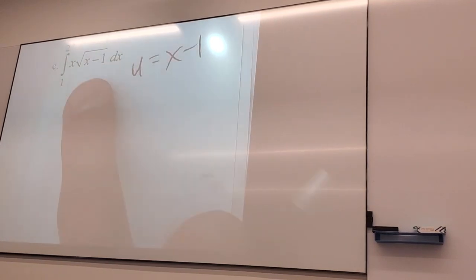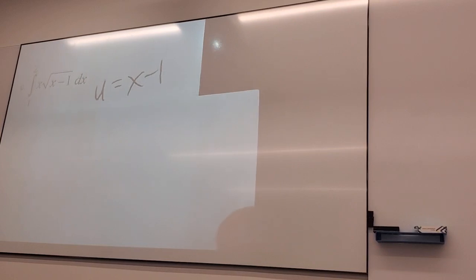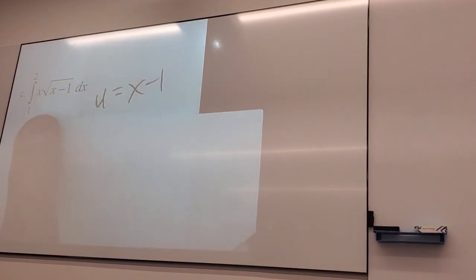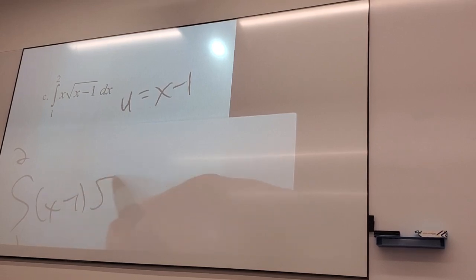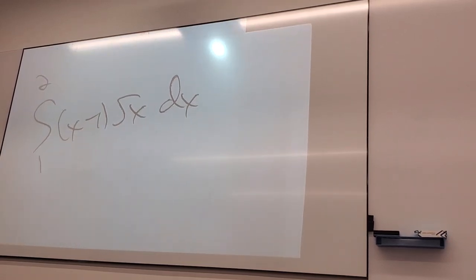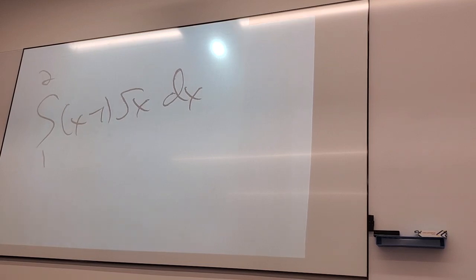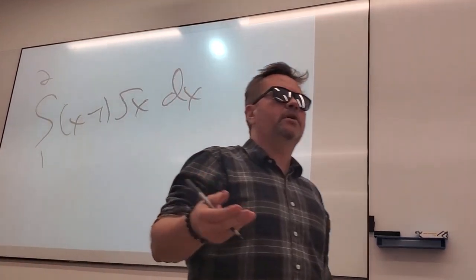If this problem had instead been this, why is that easy? I'll say that a lot, and if it's not easy, I apologize. Yeah. Distribute the square. It's a simple x to the 1/2 distribute.